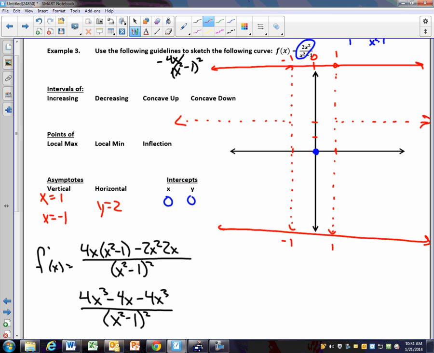Let's work with our intervals here to decide increasing or decreasing. What number to the left of -1 would you like to plug in? Let's plug in -2. -2 squared minus 1 squared, so that's positive. Plug in -2 to the top: -4 times -2. So I get a positive result. So this is positive.